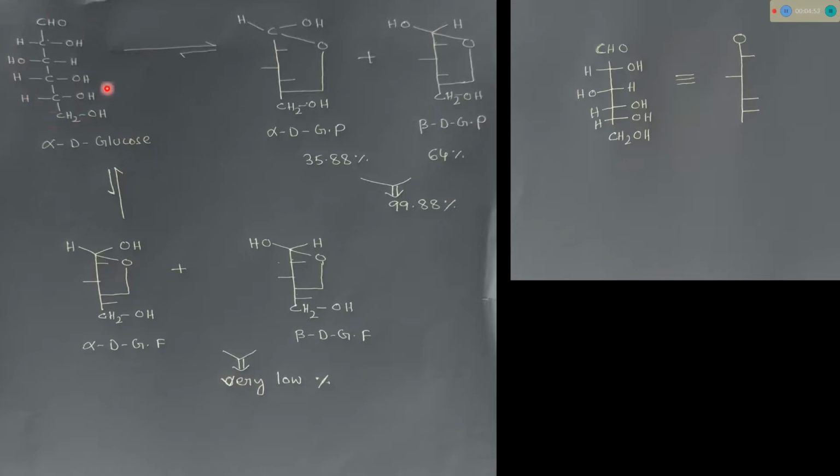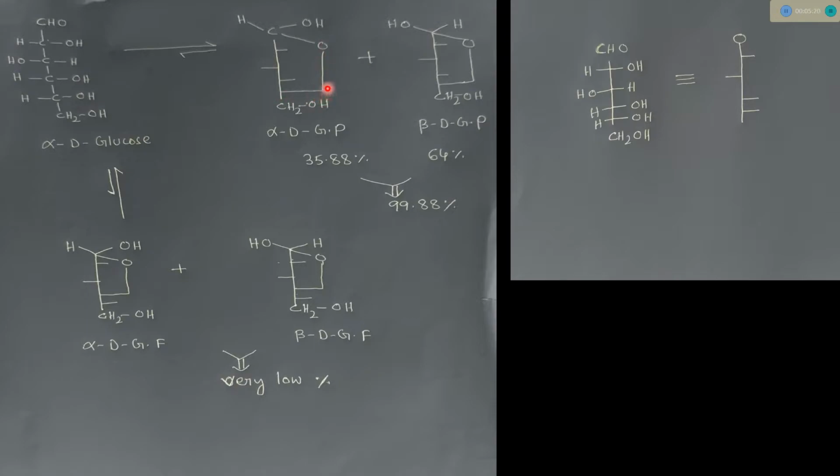These are the cyclic forms of D-glucose. These are 6-member cyclic forms including this oxygen. This is not a CH2 group. Just for simple drawing in a pyran structure, we draw like that.